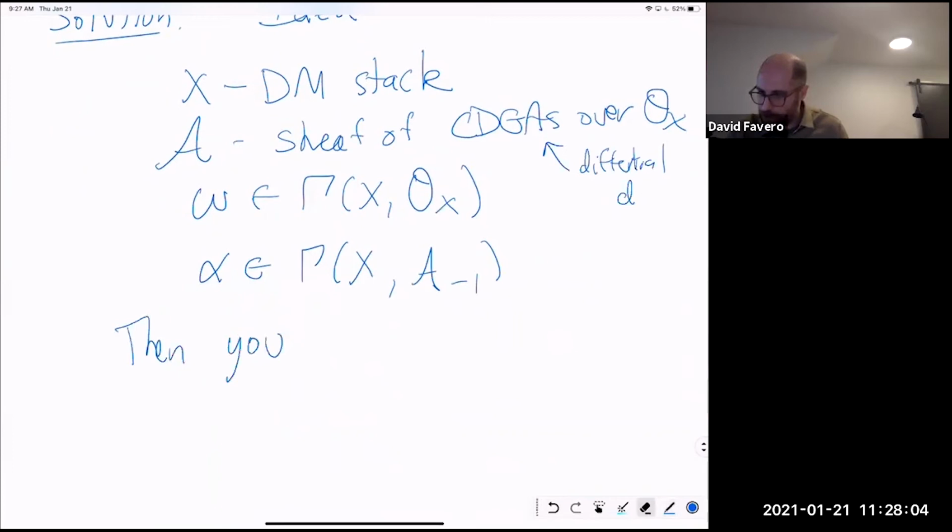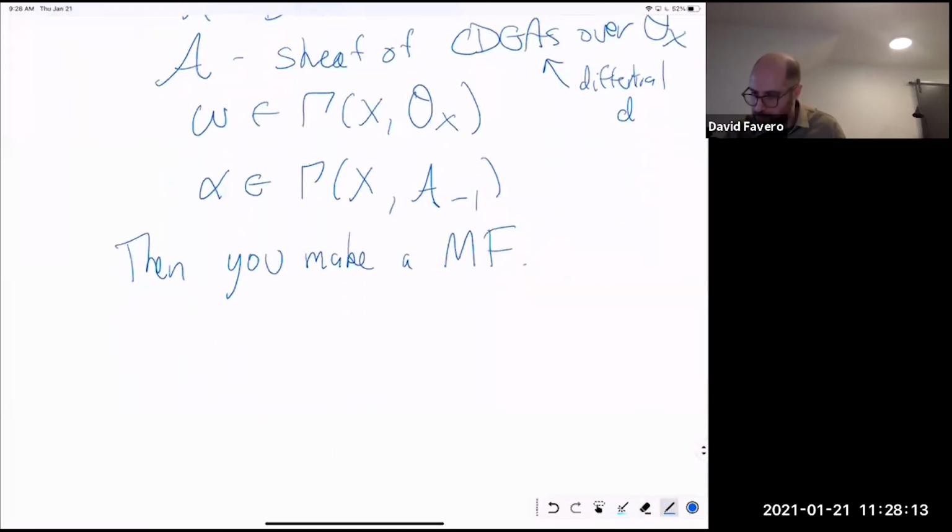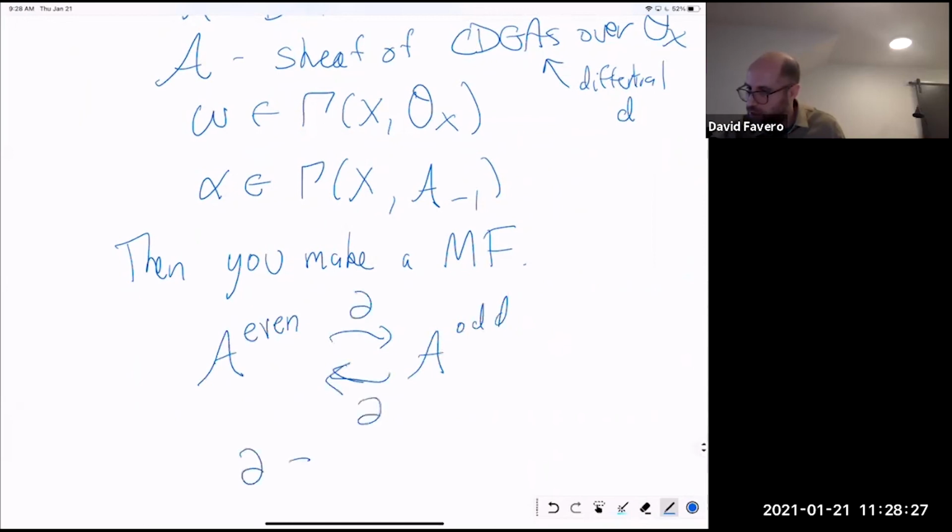You just take the even part of that CDGA and you go to the odd part, where the differential is the previous differential on the CDGA plus wedge alpha. And I should have said, I require that D of alpha is W. So it's a matrix factorization of D of alpha, but I can call that some W. Okay.